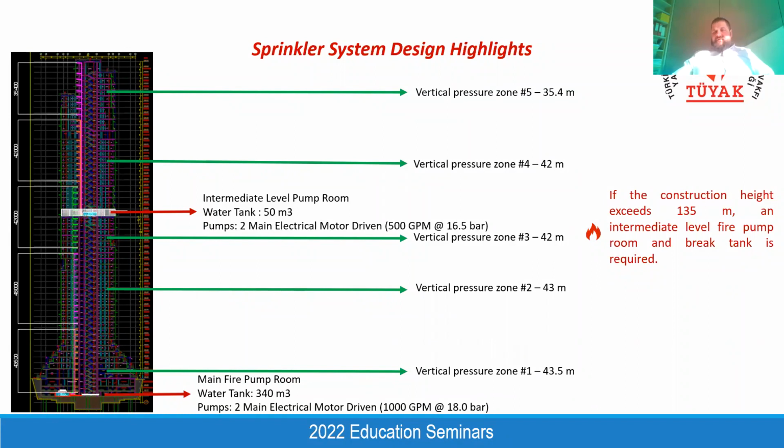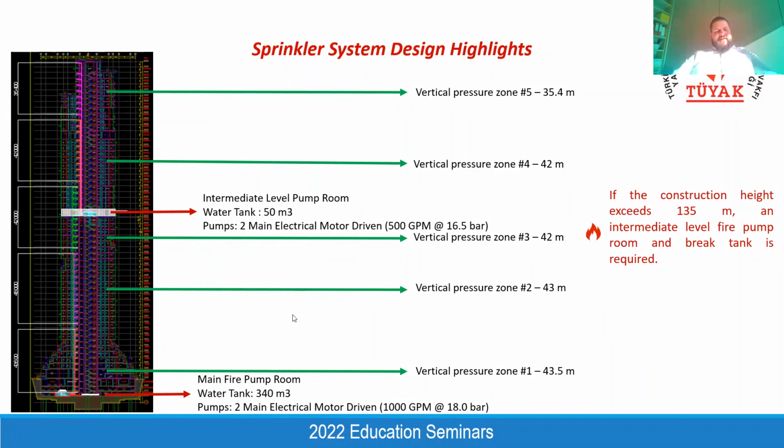It means when you are exceeding 135 meters in your building, you need to take into account that you will have an intermediate level of mechanical floor, and one of the floors, according to the sectional area of your building, will be allocated for the mechanical system.